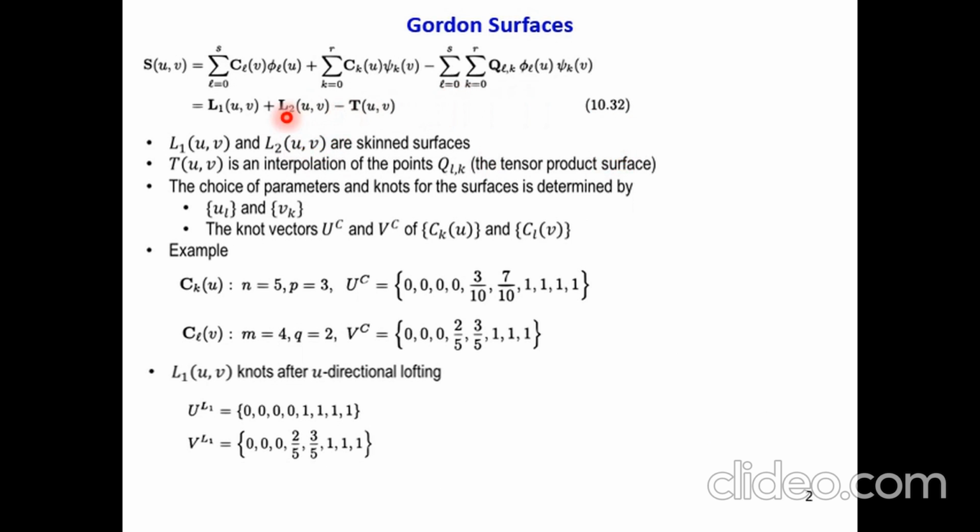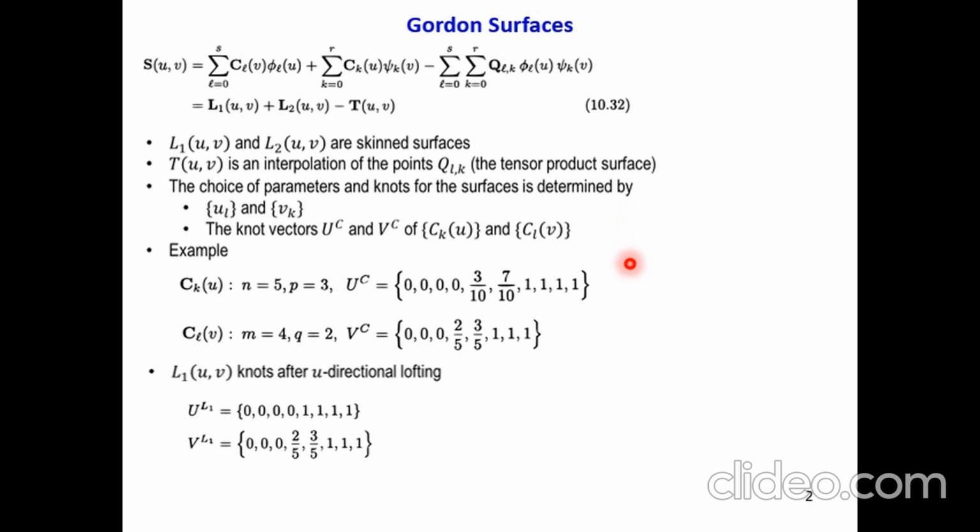Talking a little bit more about the 10.32 equation, L1 and L2 are actually skin surfaces, and T is an interpolation of the Q_lk points, also called a tensor product surface. The way that we choose our parameters and knots for these surfaces is determined by the u_l and v_k points and the knot vectors for our curves.